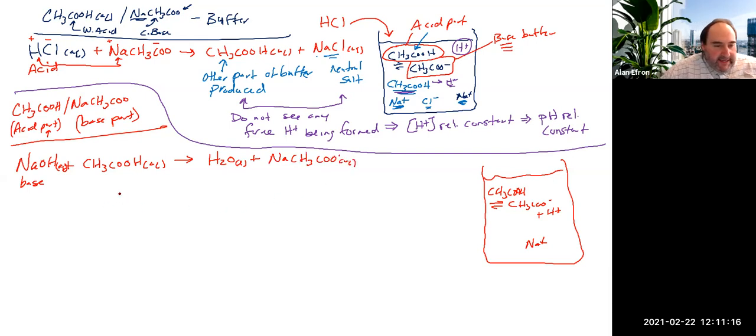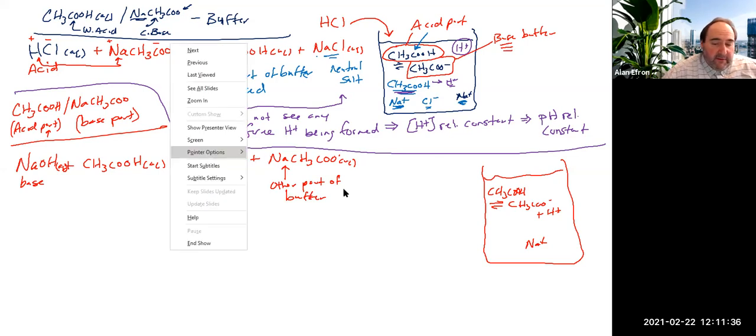We do see the same thing as we saw above. We used some of the acetic acid, but we made the other part of the buffer. We also made some water, which is not going to have a big effect on the pH.